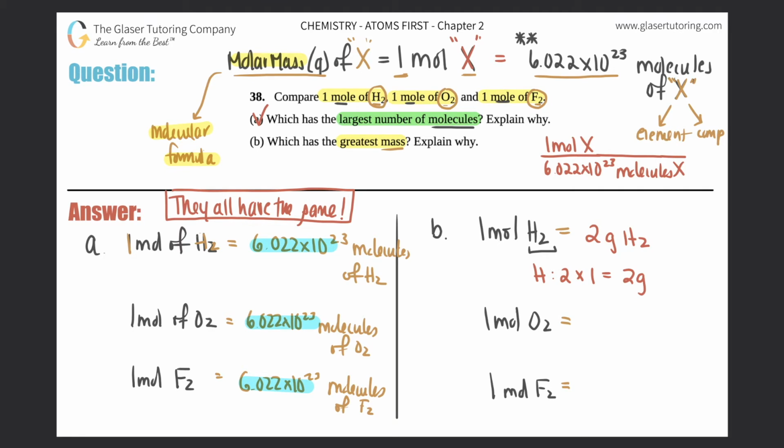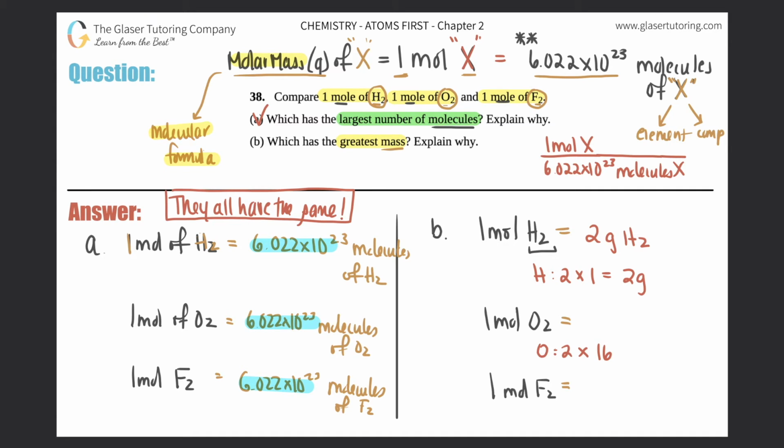Let's try it again for O2. Tally it up. We just have oxygen. We have 2 of them. And now you guys tell me, what is the molar mass for an oxygen? If you look at oxygen on the periodic table, it would be roughly 16. You could see 15.999. You could see 16.001.